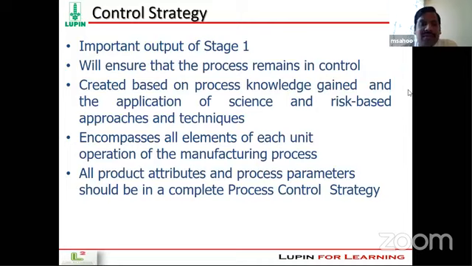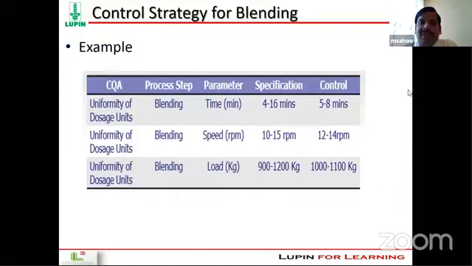Okay, so all product attributes and process parameters should be in a control strategy. These steps are generally part of the BMRs, where the blending time has to be 5 minutes at a particular rotation. It should be given for a V blender or an octagonal blender or a simple bin blender, doesn't matter. These parameters and specifications are part of the BMR, where it is said the inlet temperature for the first 15 minutes shall be 15 to 30 degrees centigrade only.